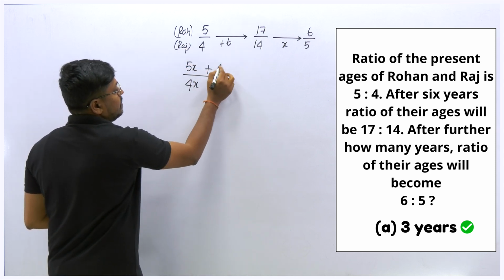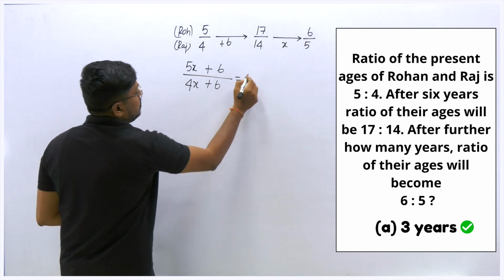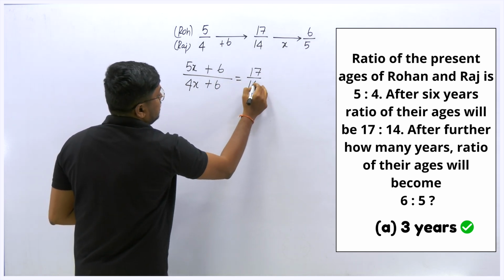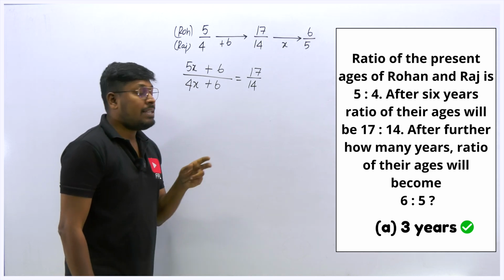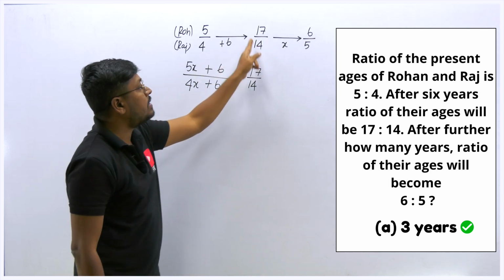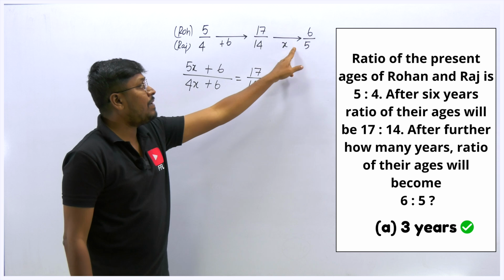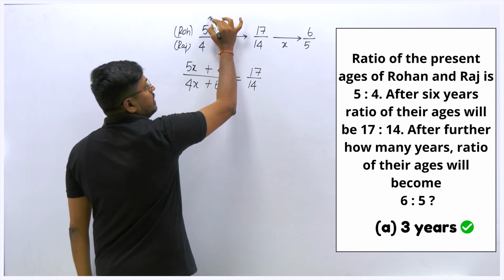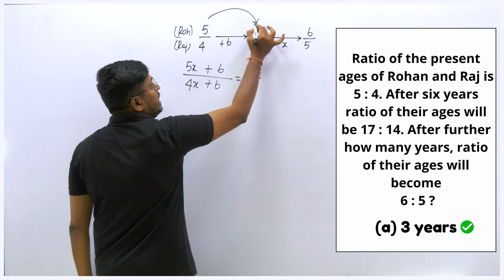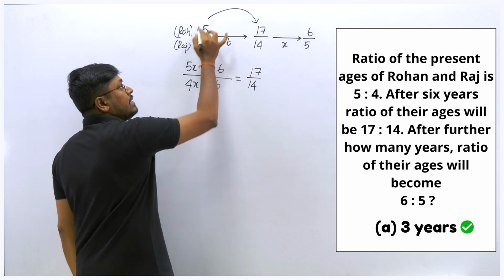After 6 years, plus 6 plus 6, the ratio will be 17/14. First let me find the present age of both persons, and then we can find their ages after 6 years, and then we can easily find the x value, right? Initially, by taking 17:14, we can find the present age of both persons.